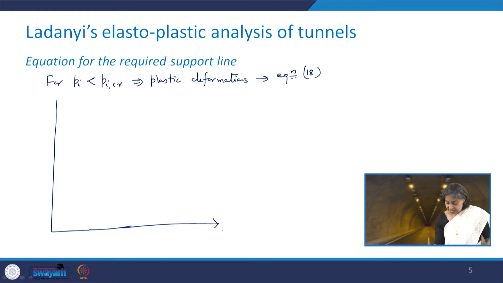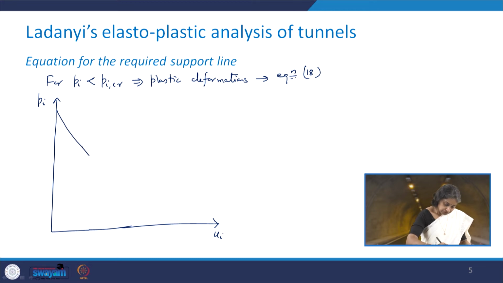On the x-axis we plot this Ui, and on the y-axis we have the radial support pressure, which is Pi. So we need to draw this.